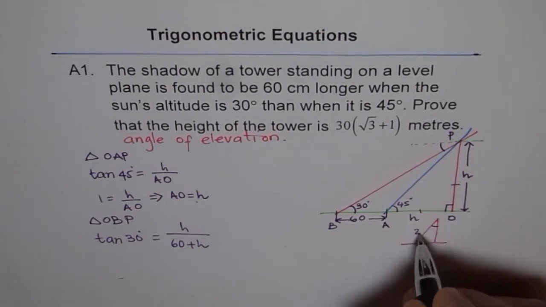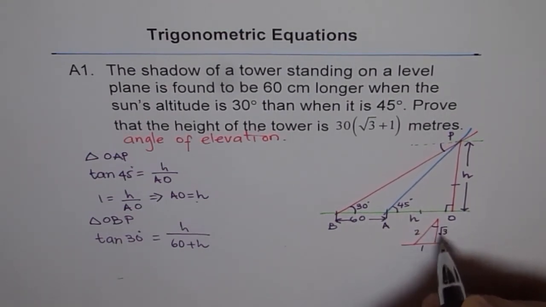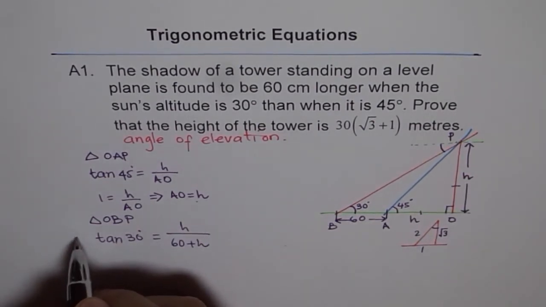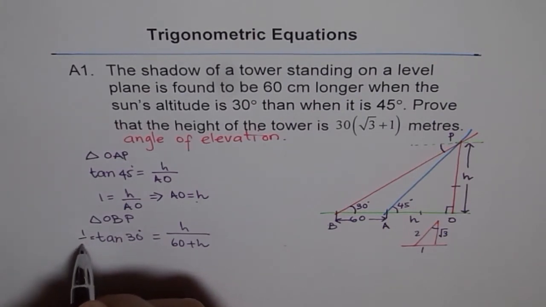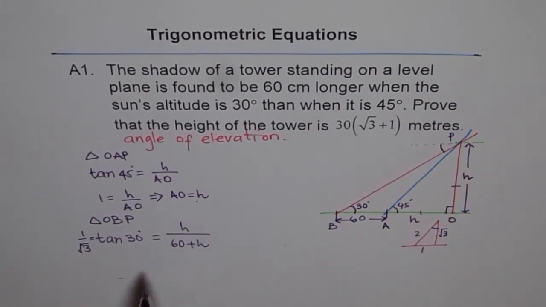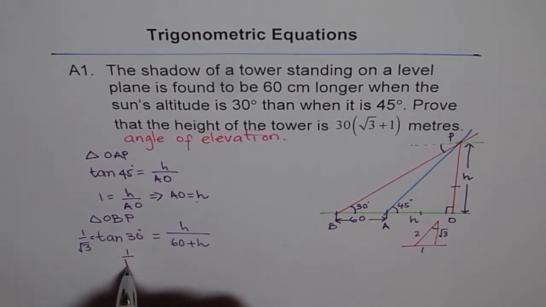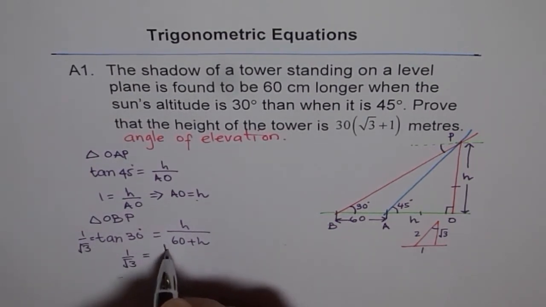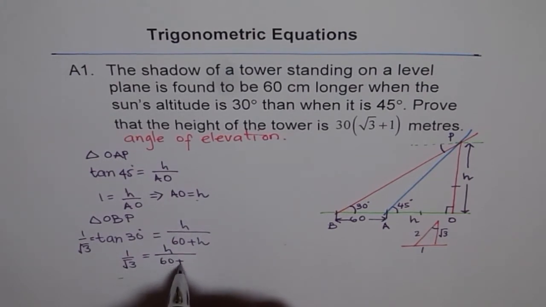And the sides are 1, 2, square root 3, right? So tan is 1 over square root 3. So we can cross multiply. So we can write 1 over square root 3 is equal to h over 60 plus h.